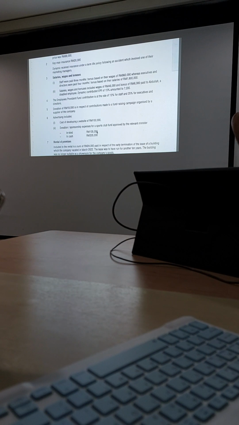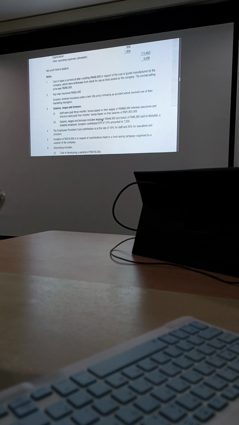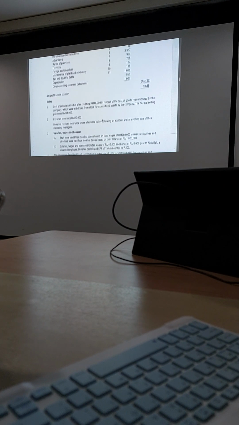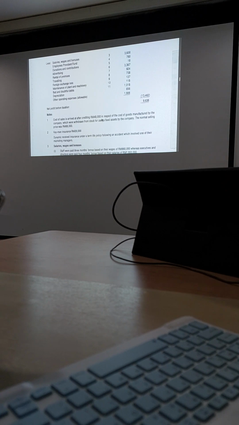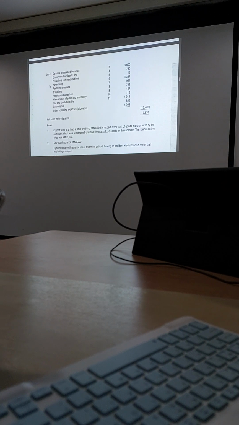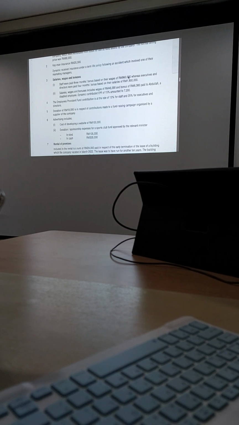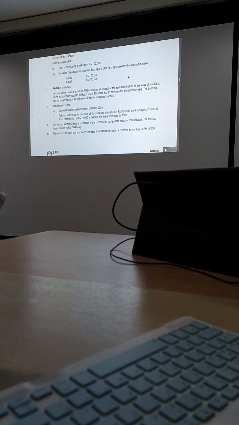Advertising cost including cost of developing a website, 100,000. Not allowed, add back, because it is not selling your business but promotes the business. So donation and advertising.